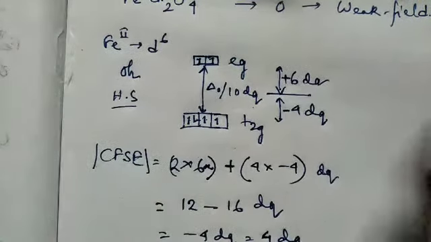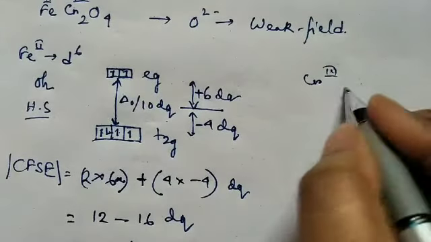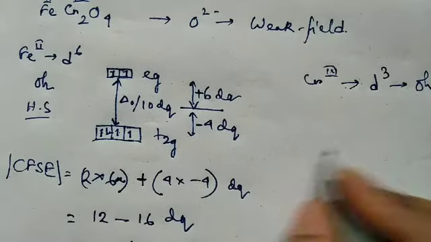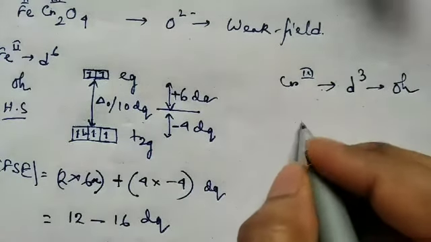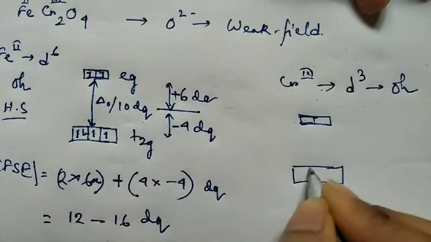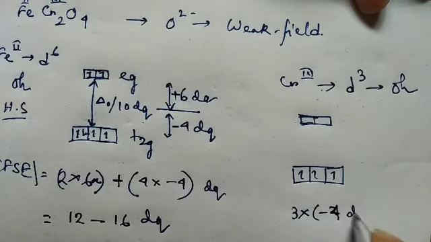Okay, and check chromium 3+, which is a d3 system, in an octahedral environment. What will be the CFSE? Here, 1, 2, 3, so 3 into minus 4 Dq.